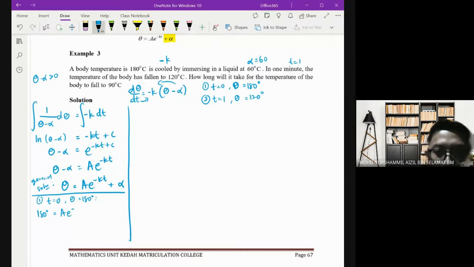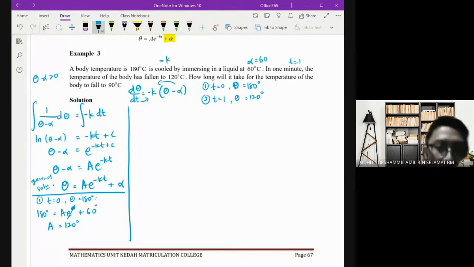Minus k times 0, semua exponential 0 kan, exponential 0 is 1. Plus alpha. Don't forget plus alpha. Alpha is 60 guys. So 180 minus 60 degree, A is 120.